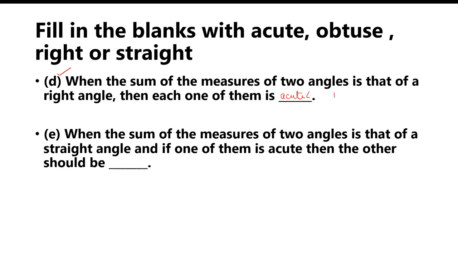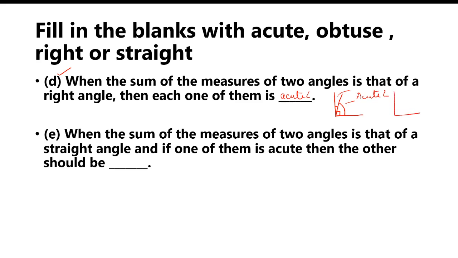Why? Here I am making a 90-degree angle, okay, and if you have two angles inside this, what will be the sum of these two angles? The sum of these two angles will be 90-degree, okay, and both are acute angles.